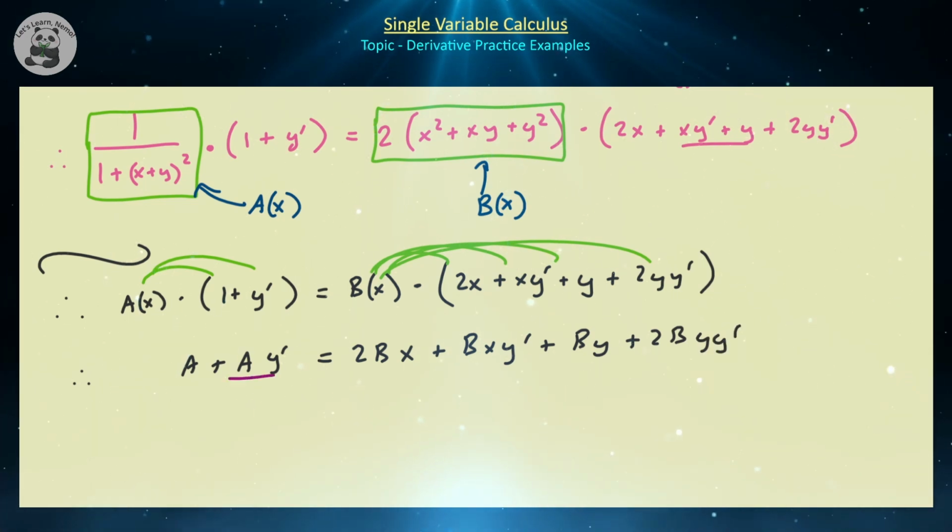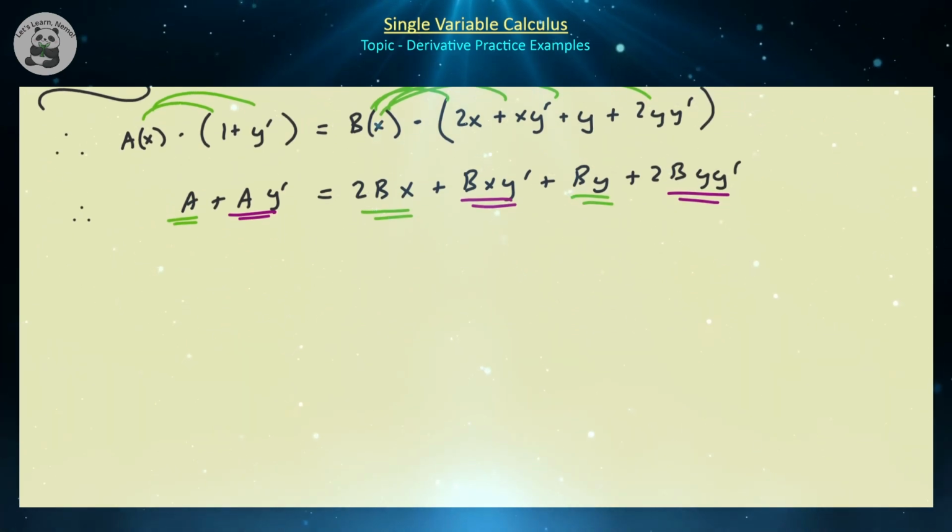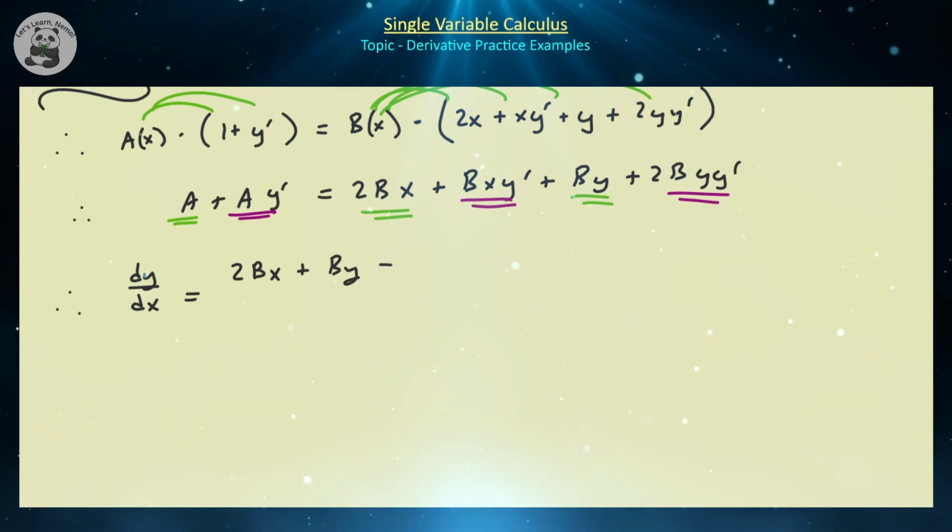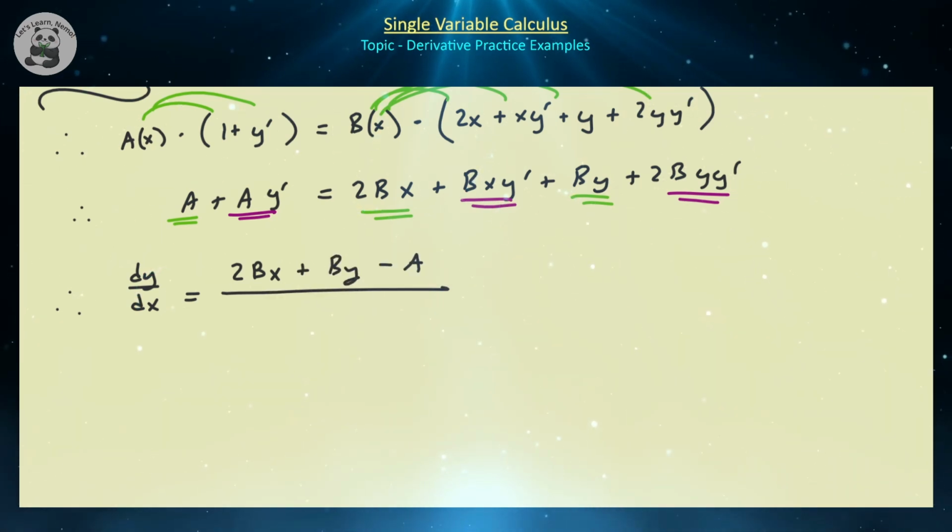So now we need our y primes on the same side and everything else on the other side. Right? So once I have that, dy over dx is going to be equal to 2bx plus by minus a on top, and on the bottom, everything from the left: a minus bx minus 2by.